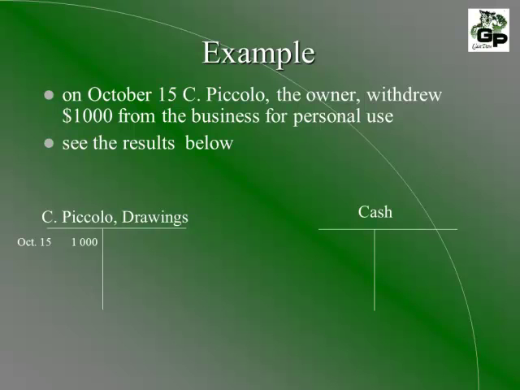This is a decrease in the owner's equity, and so it goes on the debit side. So we have October the 15th, $1,000 on the debit side. Also, to hold true to double entry accounting, we need a credit account, and that comes from the cash account, which is where the $1,000 was taken.